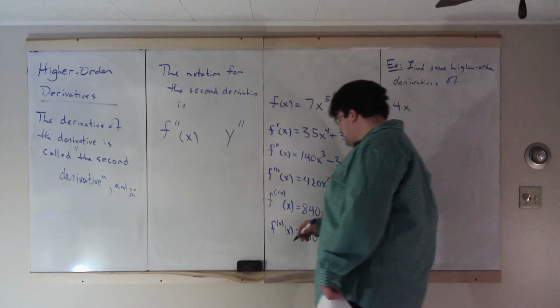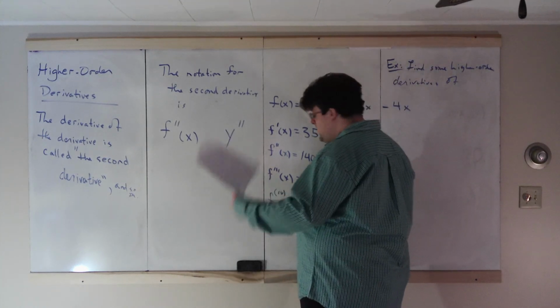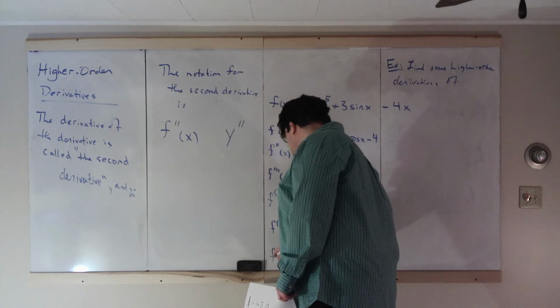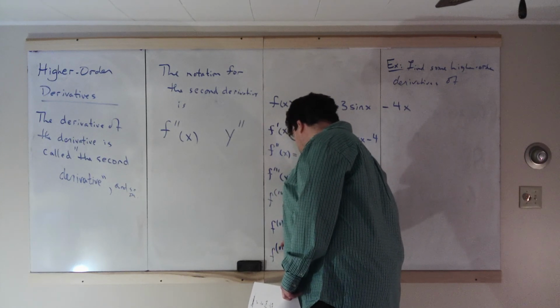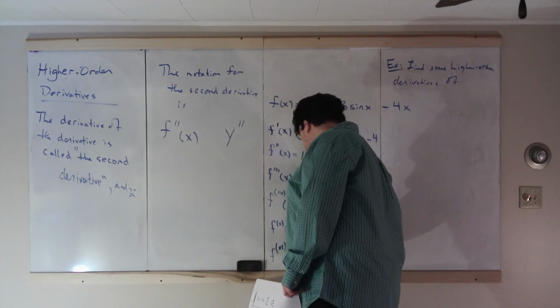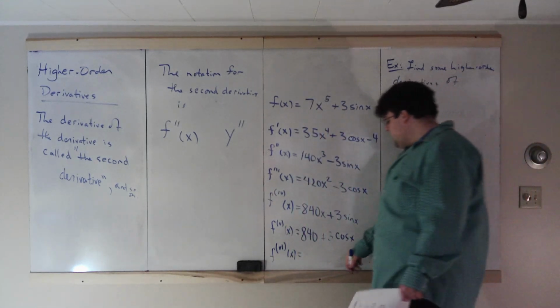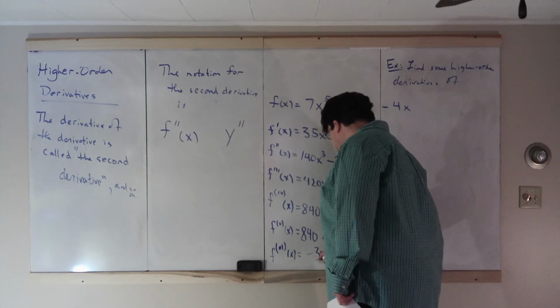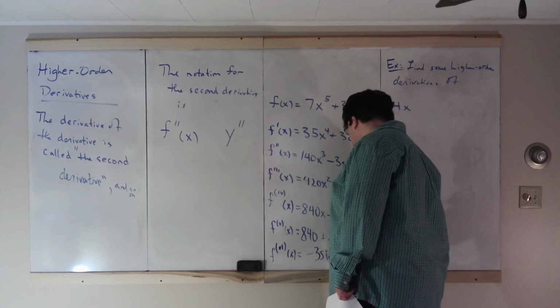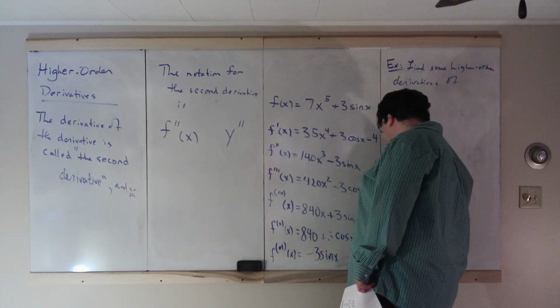Let's stop at 6. In my notes I stopped at 6 also. The sixth derivative, well, 840 is a constant, so its derivative is 0. Derivative of cosine is negative sine.